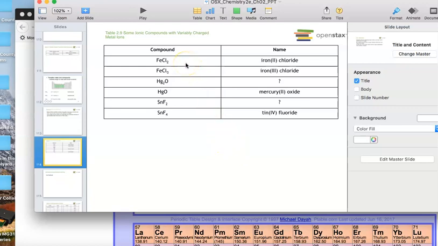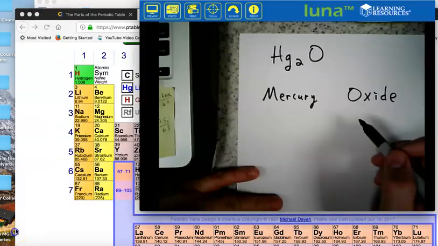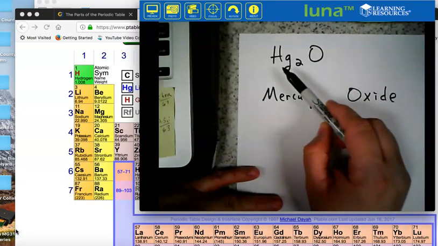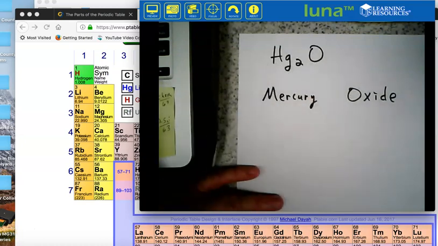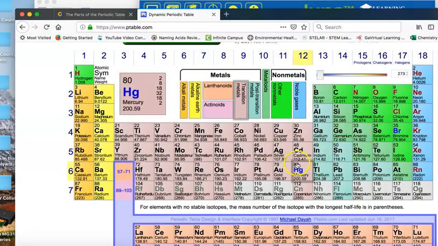All right, so we look at FeCl2 is iron 2 chloride, FeCl3 is iron 3 chloride. We already went through that. And so this next one, we're going to talk about Hg2O. So here mercury is a transition metal. If we look here, its location on the periodic table is right here. And so it can exist as different charges.